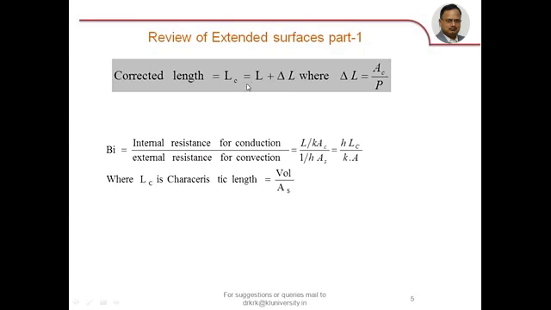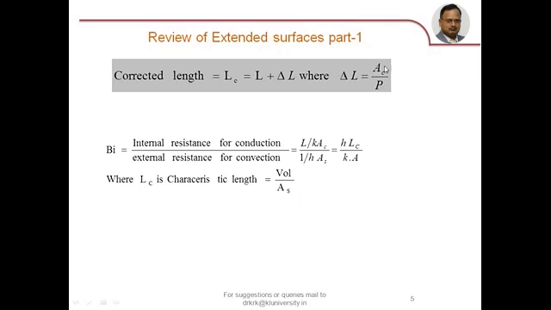That is, the corrected length Lc is equal to L plus delta L, where delta L is the cross-sectional area divided by perimeter. So that the end cross section, whatever it is conducting into the environment, is compensated by increasing delta L into perimeter, that surface area, increasing the surface area.